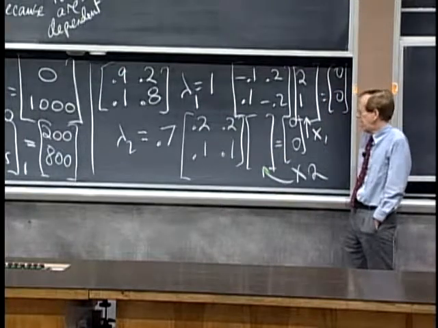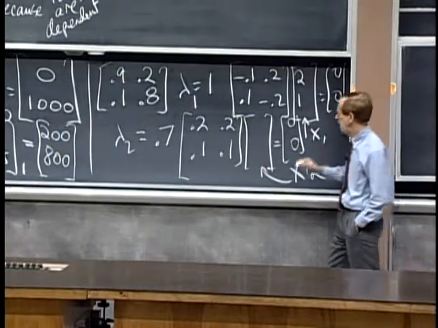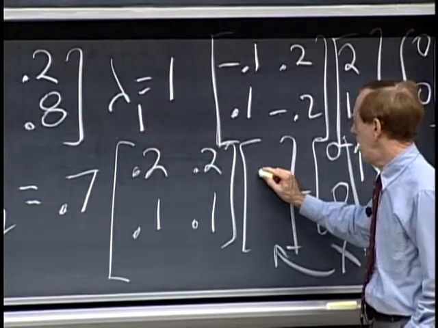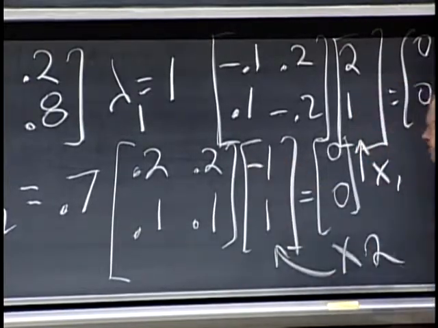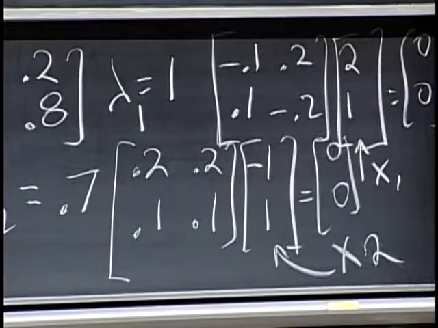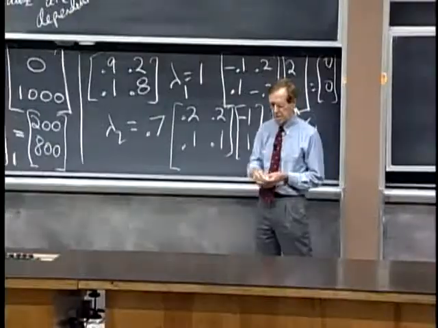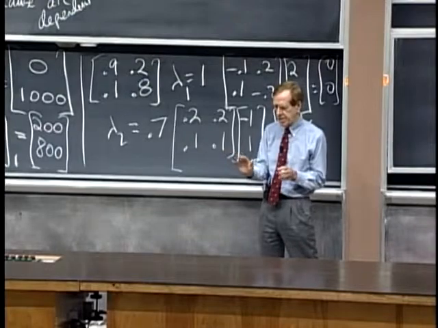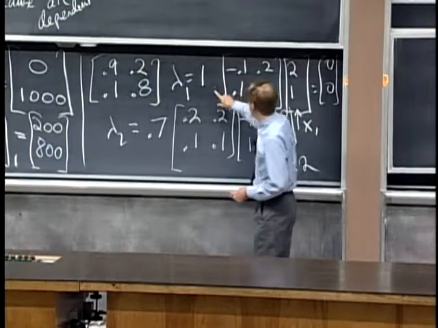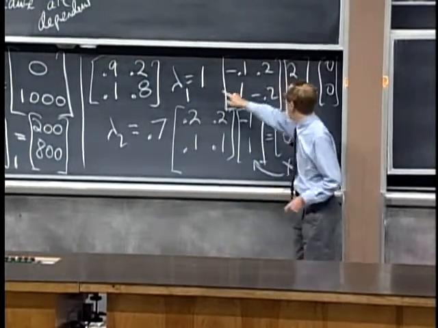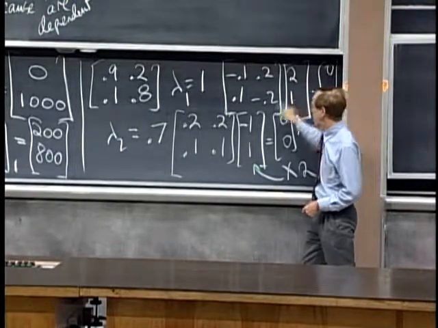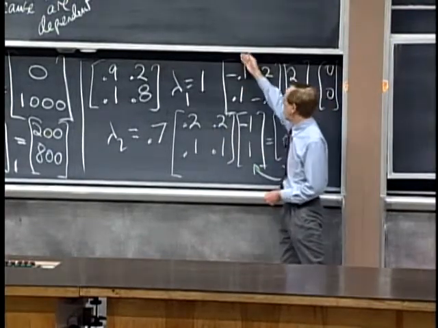That's certainly singular, so I know my calculation is right, and it's 1 and minus 1. So I'm prepared now to write down the populations after 100 time steps, right? Can we remember the 1 goes with this 2, 1 eigenvector, and the 0.7 with the minus 1, 1 eigenvector?